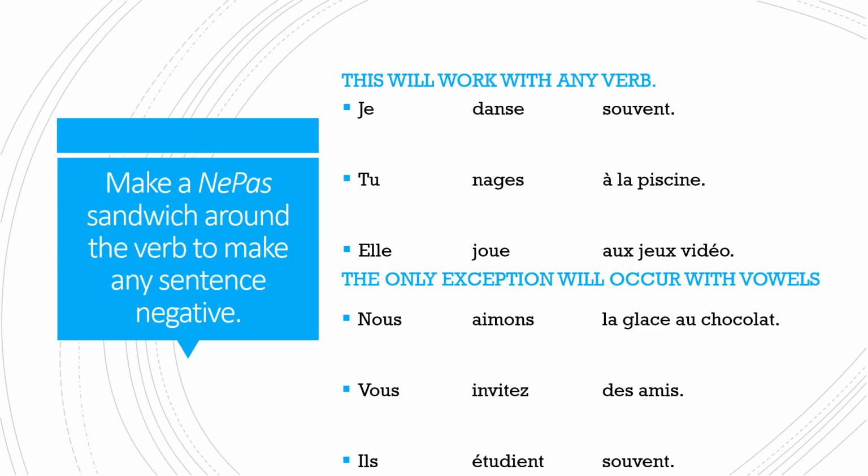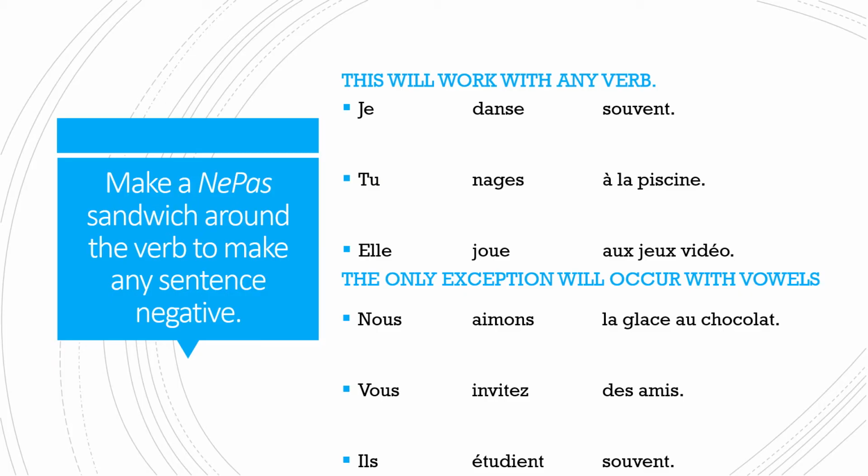In order to do that, we just take the ne and the pas and we make a sandwich around the verb to make any sentence negative. It doesn't matter what the verb is, doesn't matter what the form is, doesn't matter what the sentence says. If you are trying to change it from I do to I don't, you just use ne and pas and you put it around the verb like a sandwich.